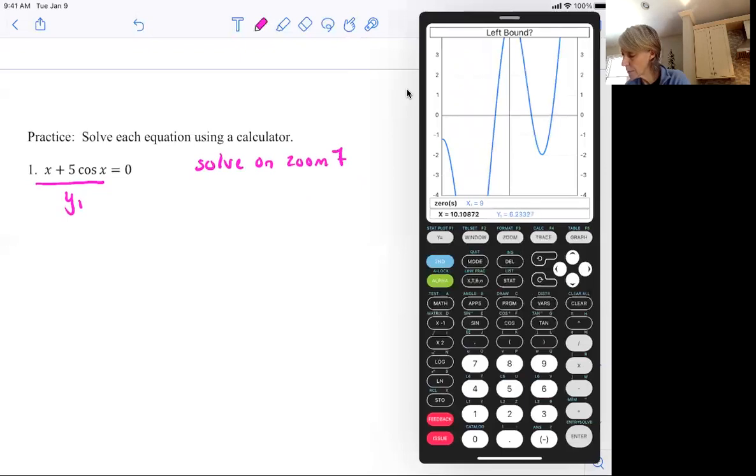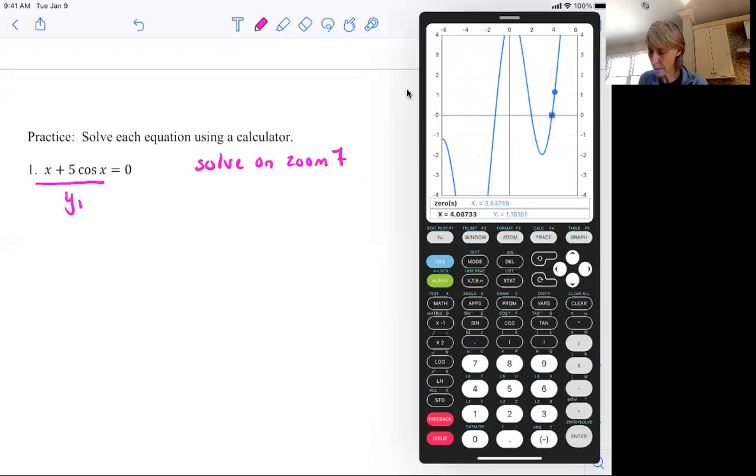I just have to bring my cursor. I know I can tap it. Someone told me I can do that, but I can never figure that out. Left bound, right bound.